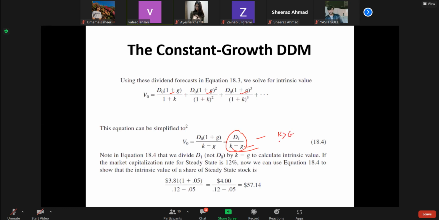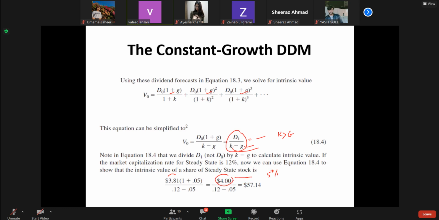Otherwise, for example, if G is higher than K, then this formula will not work. So, for example, if the company is paying a dividend of 3 and in the first year you will receive a dividend of 4 rupees, and this is expected to grow at 5% every year.